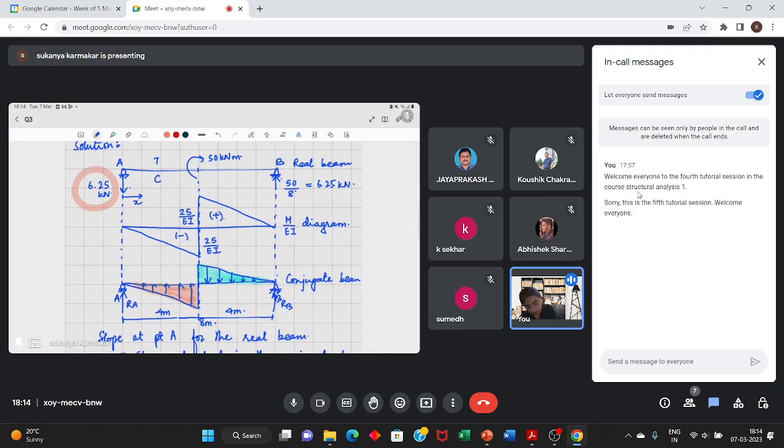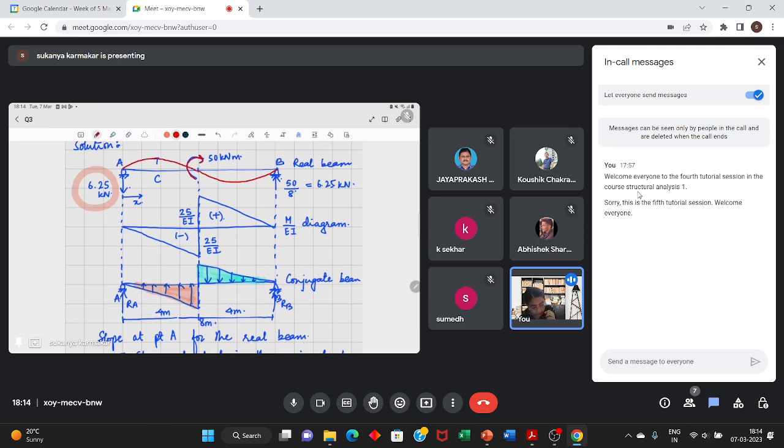and from this diagram we can predict its deflected shape. This moment is pushing this side of the beam down, so it will go like this, and this side will move up.